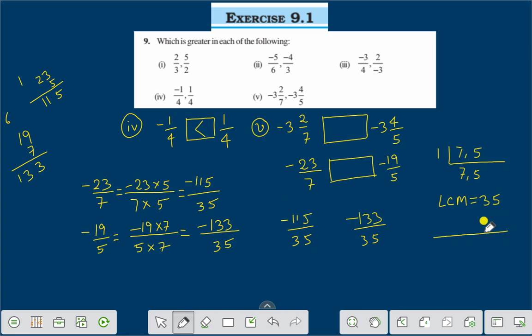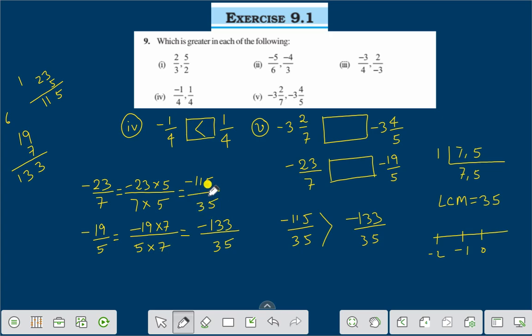On a number line, this is 0, this is minus 1, this is minus 2. Minus 1 is on the right side of minus 2, the number which is less. Minus 1 is greater than minus 2, so minus 1 is on the right side. Therefore, since minus 115 is on the right side of minus 133, minus 115 by 35 is greater than minus 133 by 35.